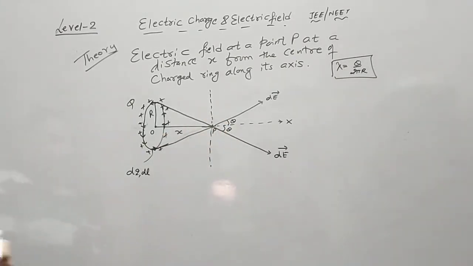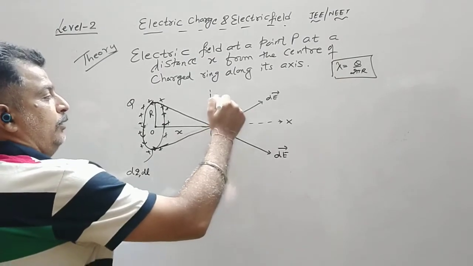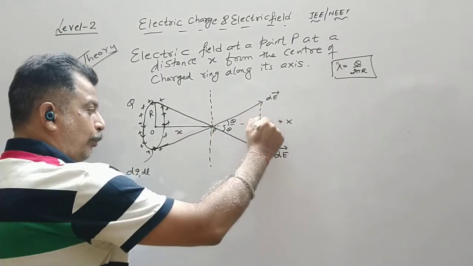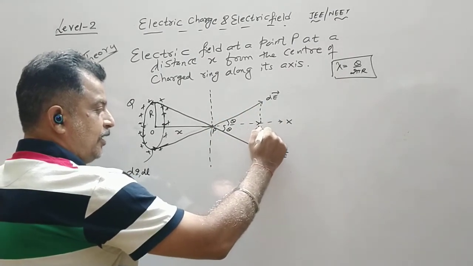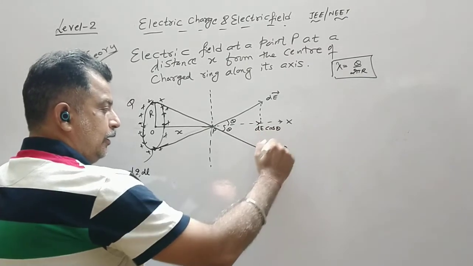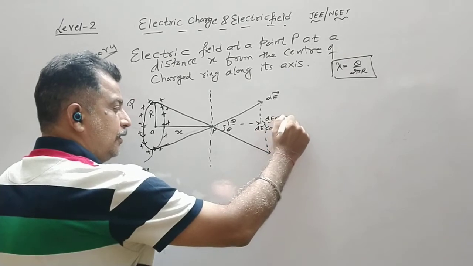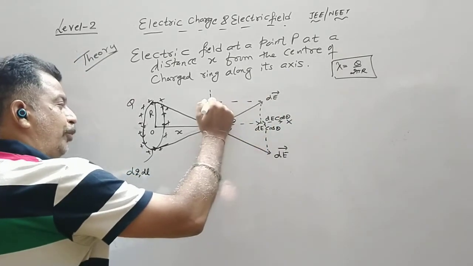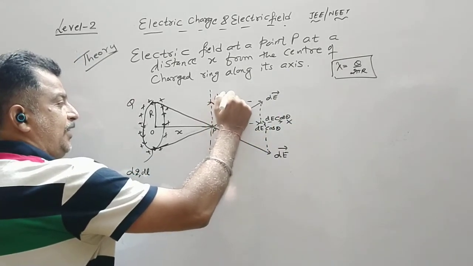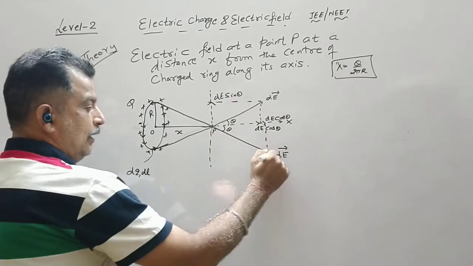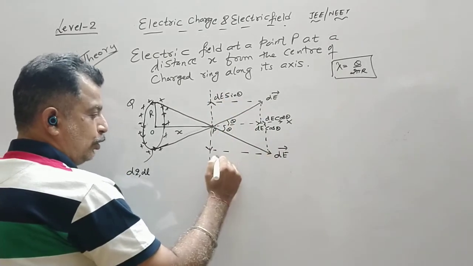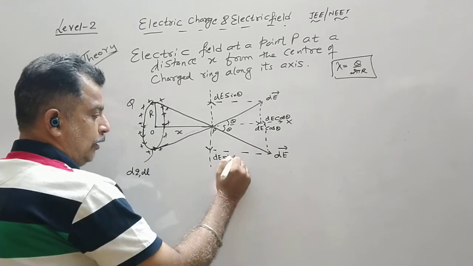Now we resolve this into two components. So this becomes dE cos theta and this element also becomes dE cos theta. Similarly, the component along the y-axis is dE sin theta and this component is also dE sin theta.